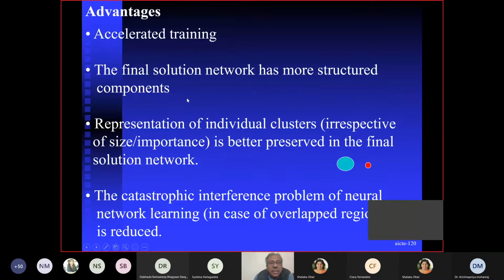So what are the advantages from a machine learning point of view? It's accelerated training. The final solution network has more structured components. That means ambiguous, redundant nodes and links are absent. The representation of individual clusters, irrespective of size and importance, is better preserved in the final solution.